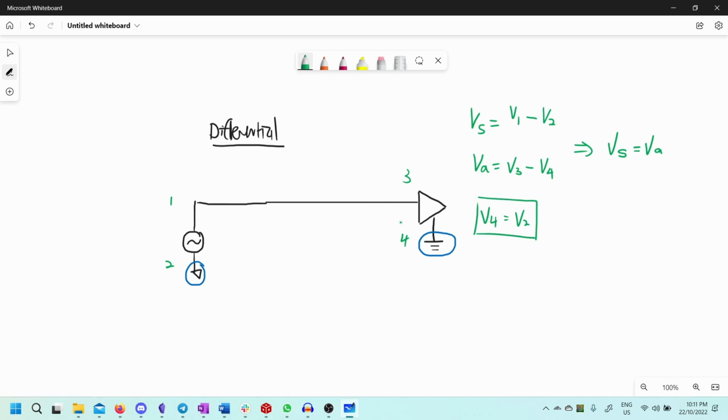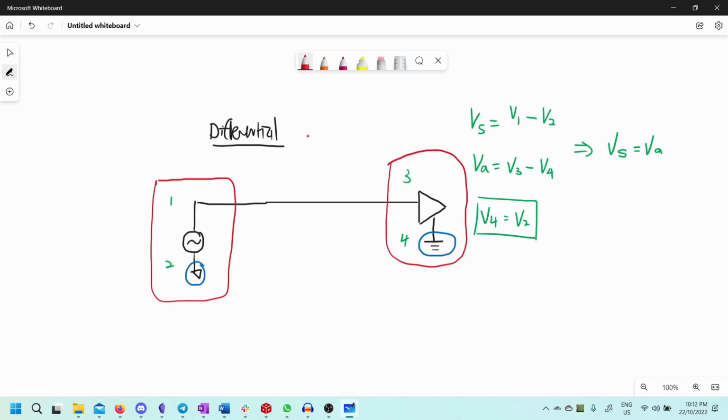And I'm going to tell you right now that this assumption is actually not true in the real world. Why? An example of when this would become a problem is when this signal source bit of the circuit is really far away from the receiver end.